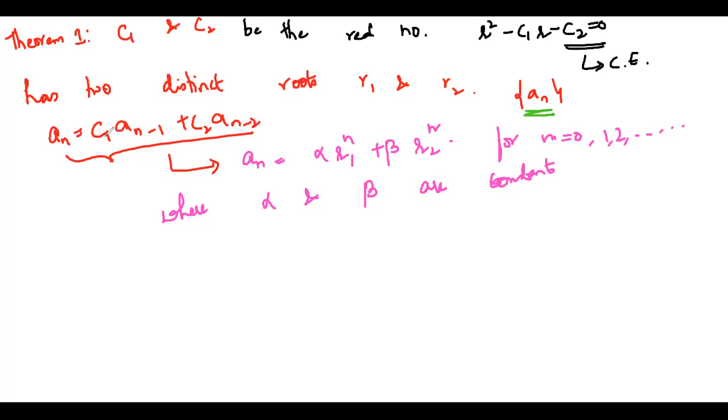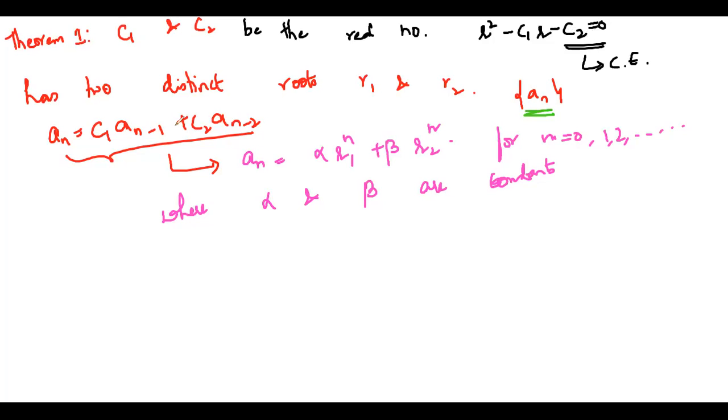Now whenever we have the next term in terms of the two previous terms, then we will get the characteristic equation also as a quadratic equation, that is r square minus C1 r minus C2 is equal to 0. What are C1 and C2? C1 and C2 are two real numbers which are constants.